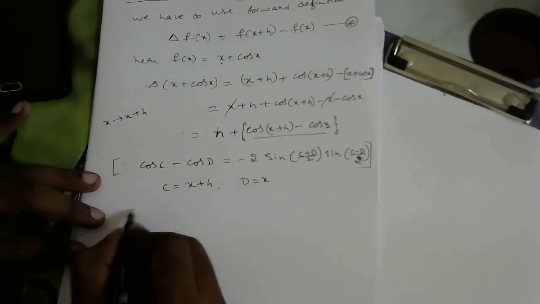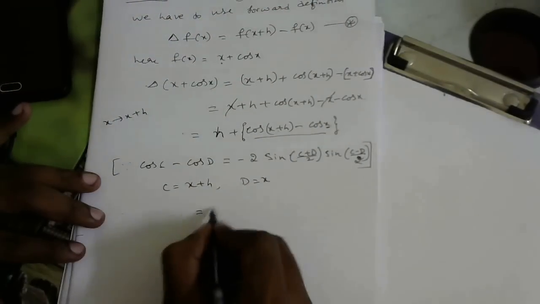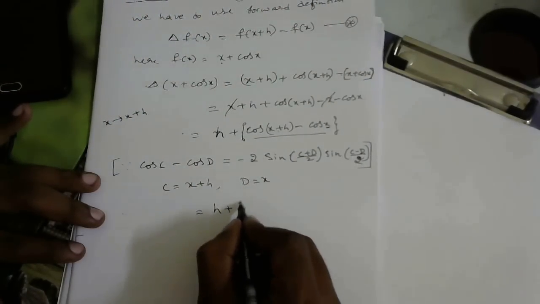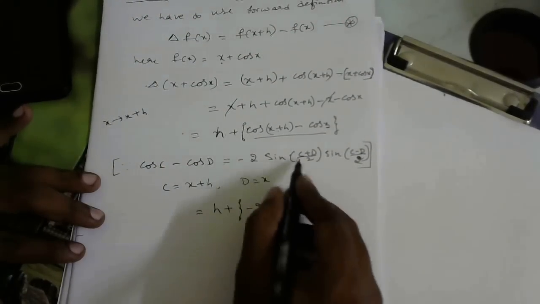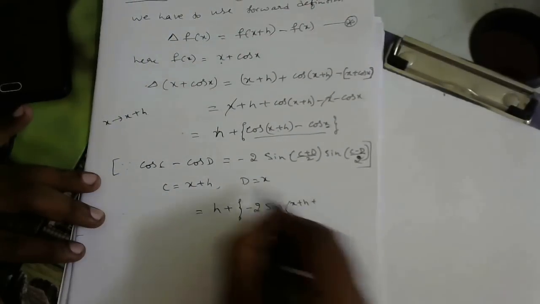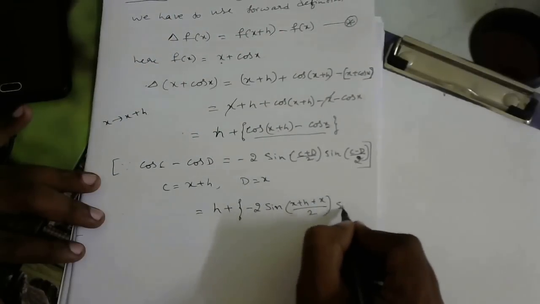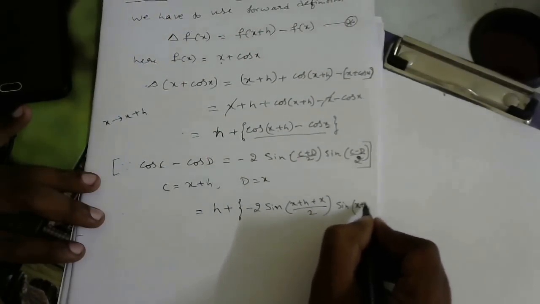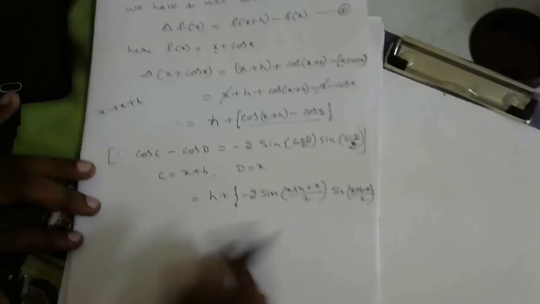Now substitute in the above equation. H is constant, so write it as it is. So you get minus 2 times sine of (x plus h plus x) divided by 2 into sine of (x plus h minus x) divided by 2.